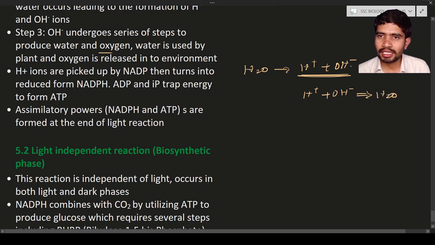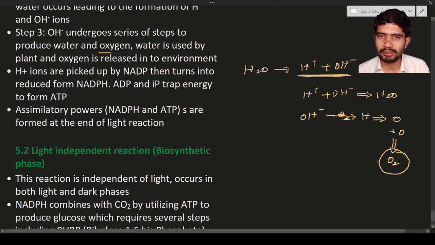Okay, and here the OH minus ions are going to lose a hydrogen. So as a result oxygen is formed. This oxygen will bind with another oxygen to form O2, and this oxygen is useless for this stage or at present.